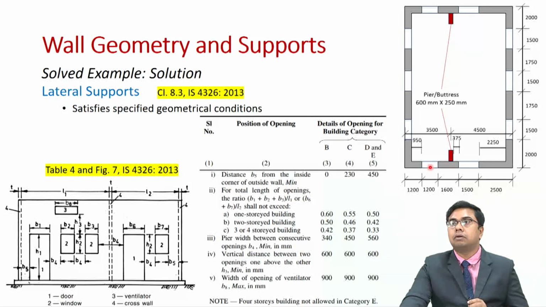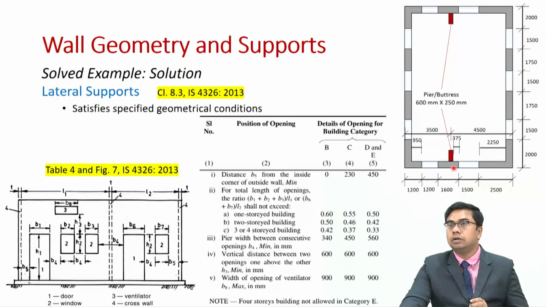So here we can calculate that. It shall be equal to, again 1200 is the opening in this case, and from here to here we shall again calculate that. You can check on your own. I have deliberately not put those values over here so that you take your time, you check whether it satisfies or not. I am telling that it is satisfying the specified geometrical conditions.